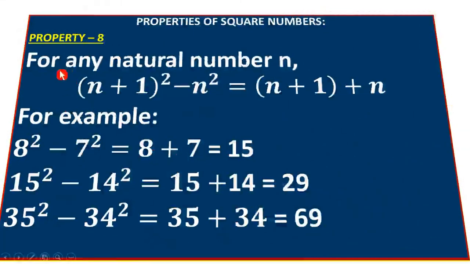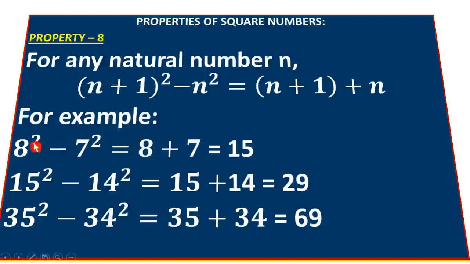Next, property number 8. For any natural number n, (n plus 1) whole square minus n square equals n plus 1 plus n. Children, this may be difficult for you, so I have taken some examples. You can understand here.